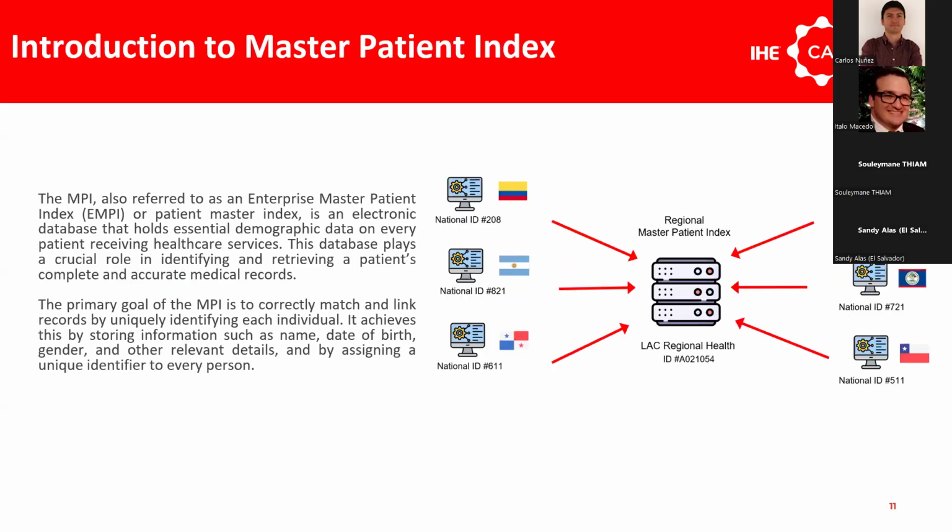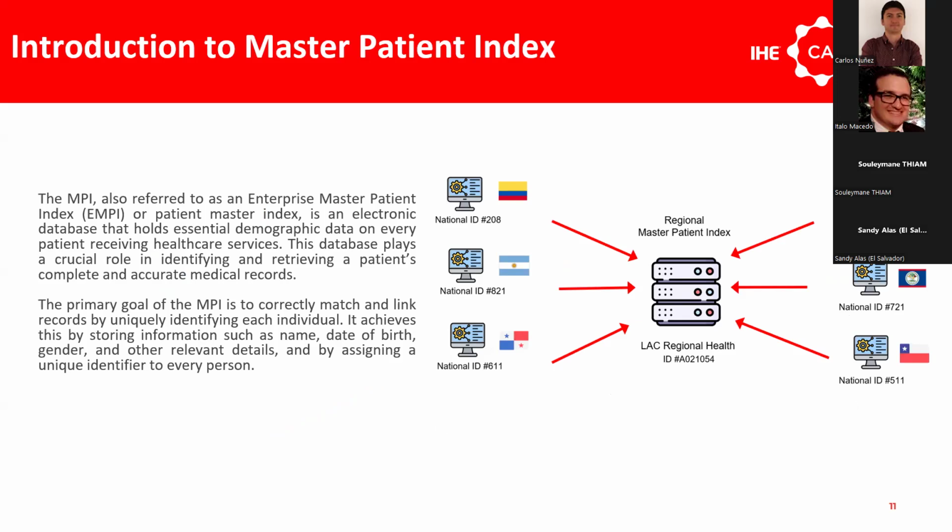So now this is a quick summary, a quick introduction of the MPI. We also call it the EMPI, the Enterprise Master Patient Index, or we can also call it the Patient Master Index. It's an electronic database that holds essential demographic data on every patient receiving healthcare services.